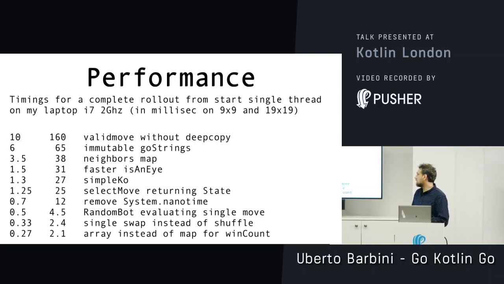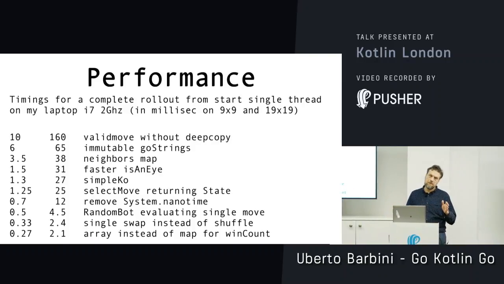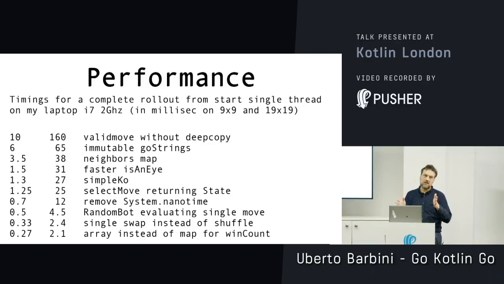The last one is also quite nice. Sometimes we use a map, like a hash map, but actually, for example, I had a map with player 1 and player 2: a key player 1 with some stuff, and key player 2 with some other stuff. But actually using an array is much easier and faster, because if the map is completely filled and we know exactly where everything goes, using an array is much better.